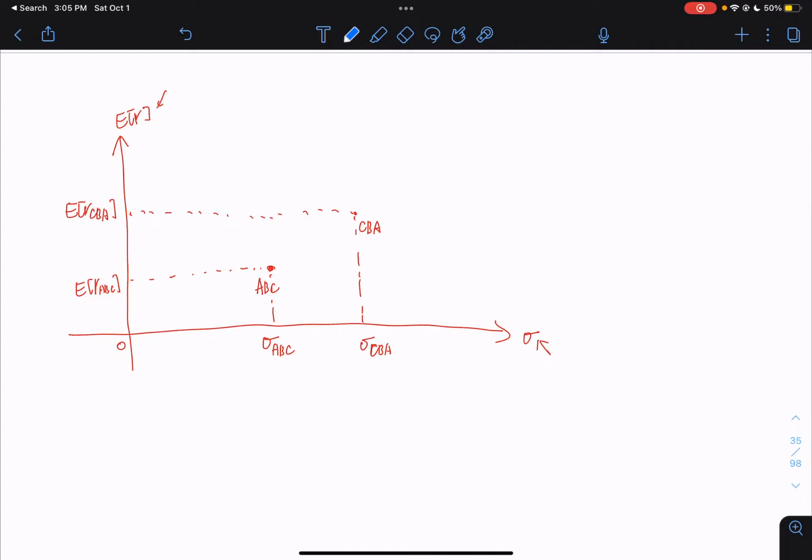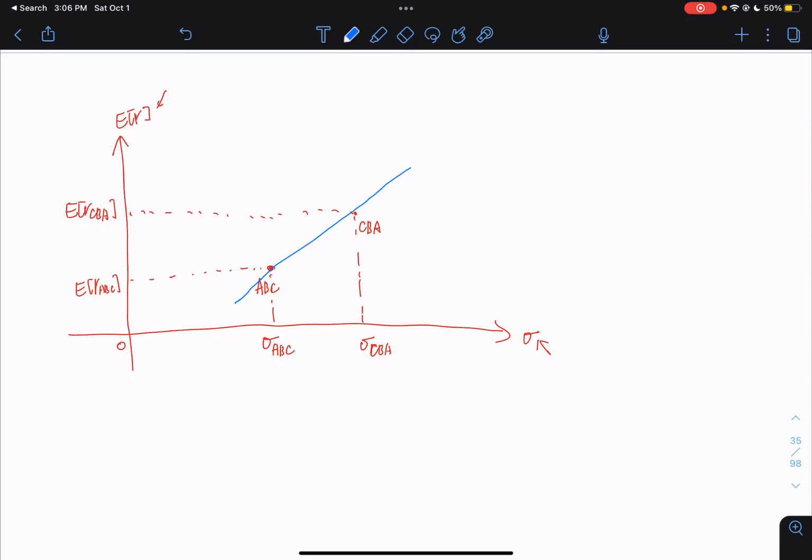So I can tell you how the covariance will affect it, but there is a little bit more mathematics underlying, so I will not talk about the math. I will just tell you the result. If your ABC and CBA co-move perfectly, like ABC goes up, CBA goes up the same, perfectly positively correlated, you're going to have this line. What does this line mean?